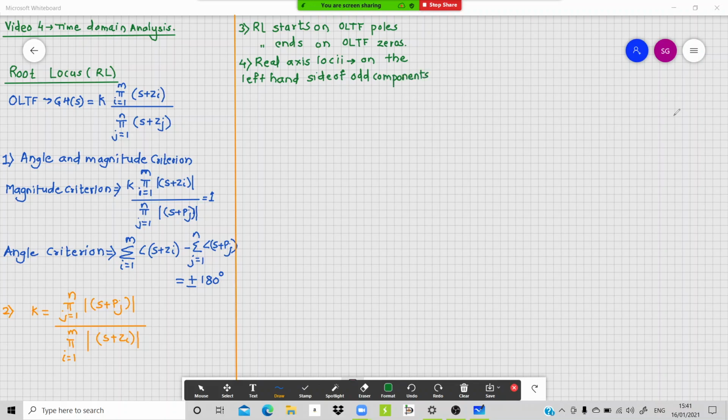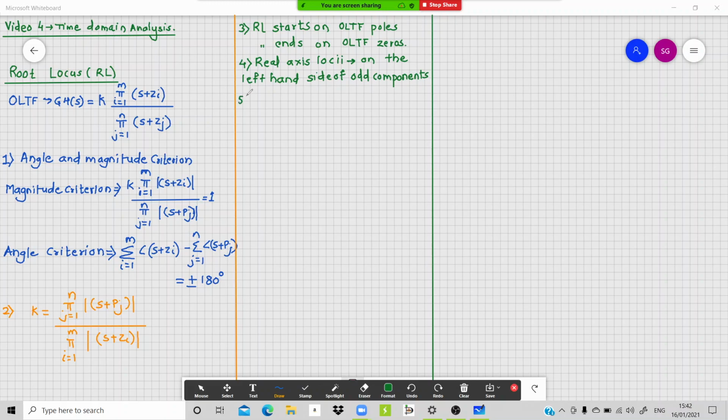So from the right hand side, you are supposed to see which are the odd components, whether zero or pole doesn't matter. On the left hand side of that, yes, the real axis. This is only about the real axis. The part of the locus will be the real axis for that. Okay, with one example I'll explain.